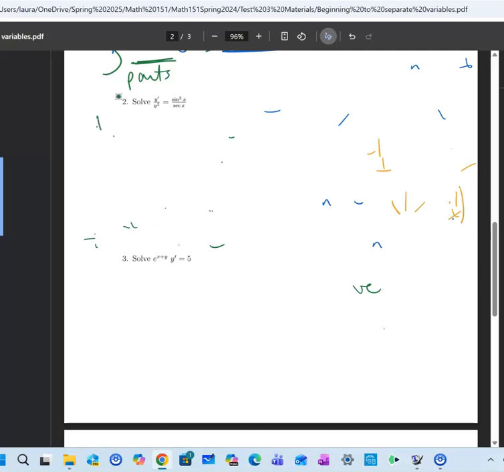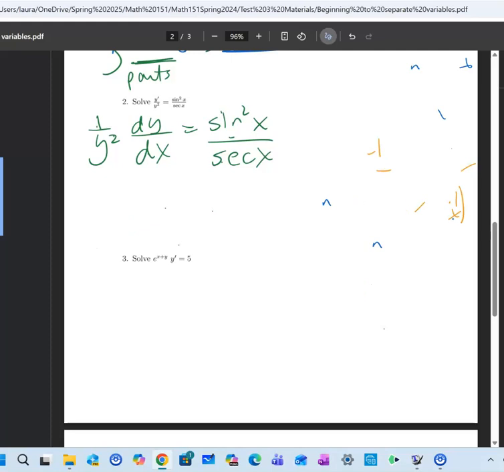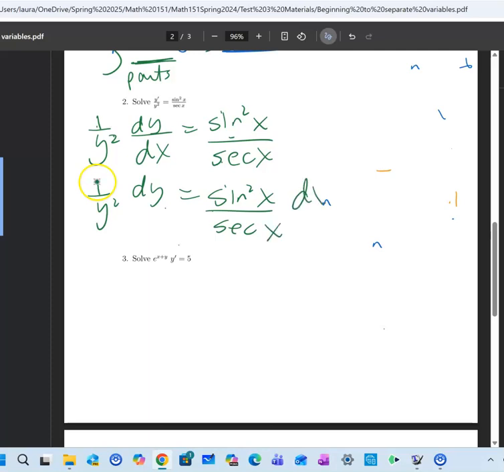So 1 over y squared dy over dx equals sine squared over a secant. Oh, that's ugly looking, isn't it? Okay, so again, we want to multiply by dx, get all the x's on the right-hand side, so that's not so hard to do, right? So I get 1 over y squared dy equals sine squared of x over secant of x dx.